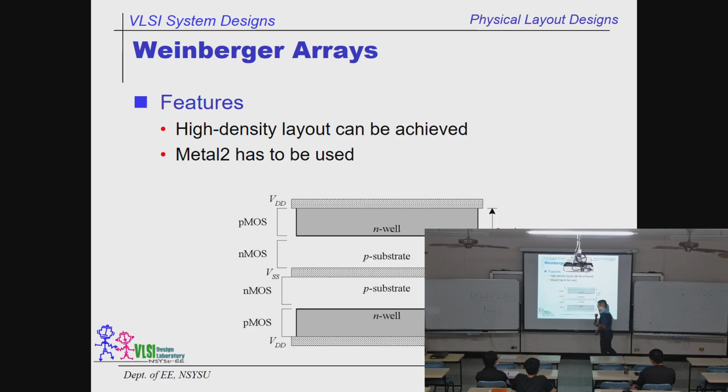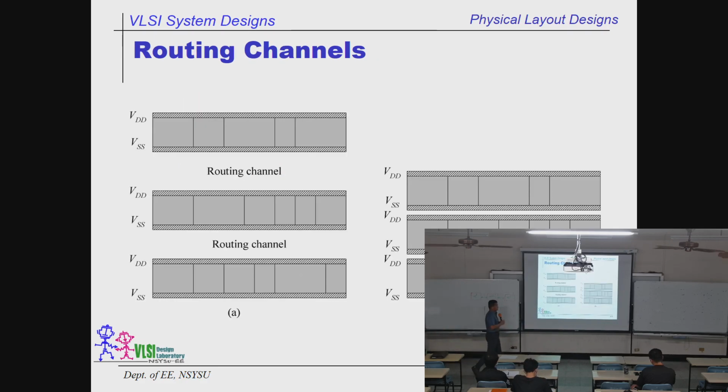Let's go back to the usual design. This is a traditional design. Let's assume there is no control signal to be shared. VDD, VSS, VDD, VSS. According to the DRC rules, we have to have a minimum space in between.